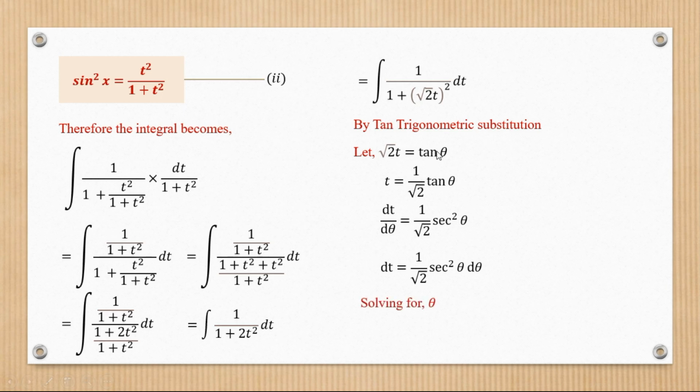So let's solve for theta. As you can see from right here, theta shall be equal to tan inverse of root of 2 times t. So therefore our integral becomes this. I have 1 over 1 plus tan squared theta times 1 over root of 2 sec squared theta d theta.